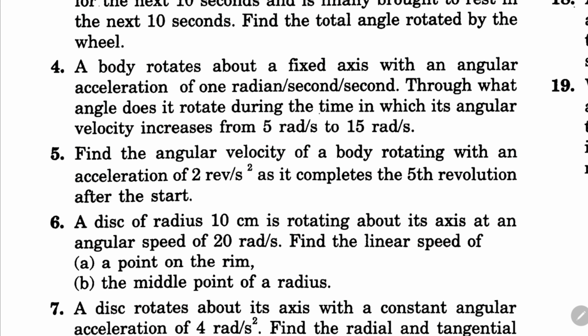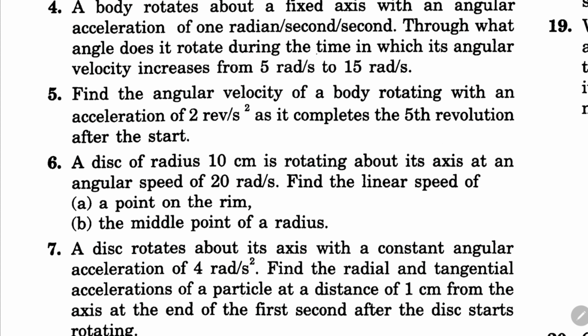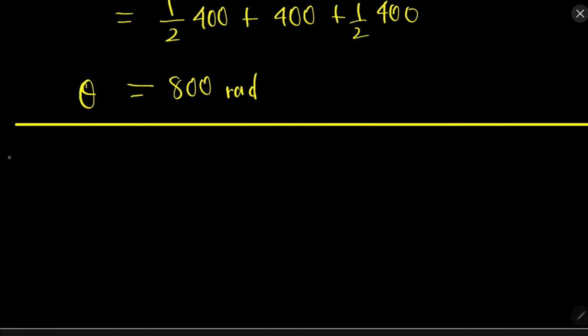In the fourth question we have a body which is rotating about a fixed axis. There is some angular acceleration of 1 radian per second square. Now through what angle does it rotate? We need to find the angle by which it rotates during the time in which its angular velocity increased from 5 to 15 radian per second.